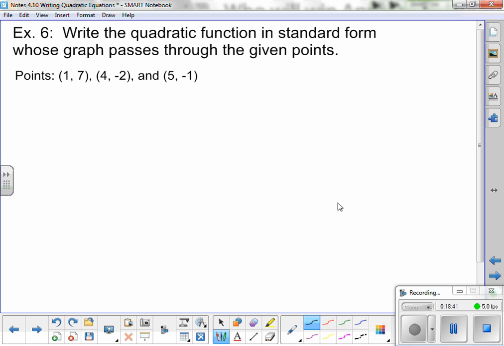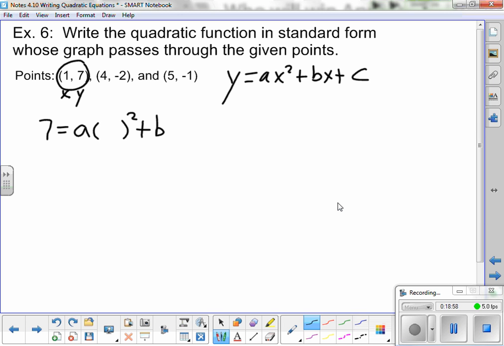I won't be as organized here. y equals ax squared plus bx plus c. So first thing is I'm going to plug in this point. So that's my x and my y. So my y is 7 equals a times x squared plus b times x plus c. Then your x value is 1.